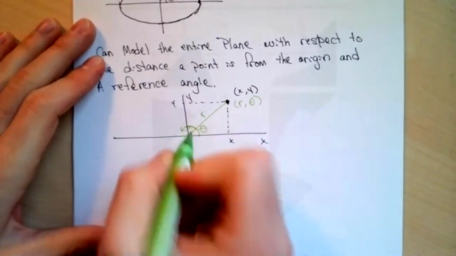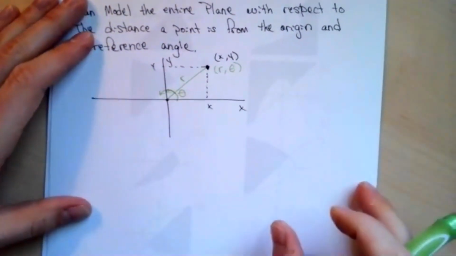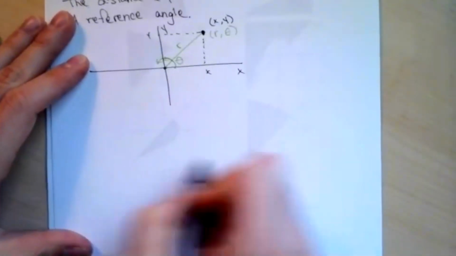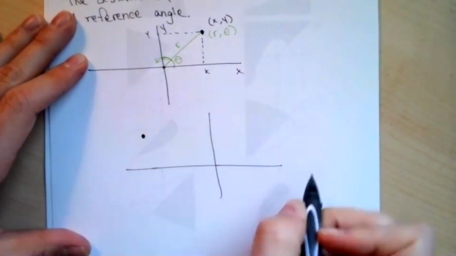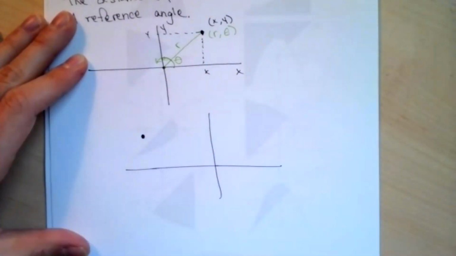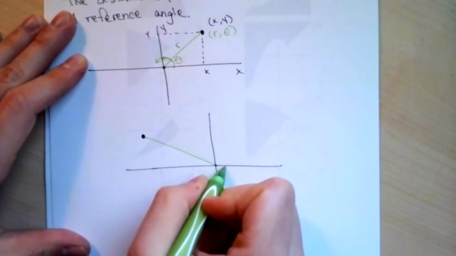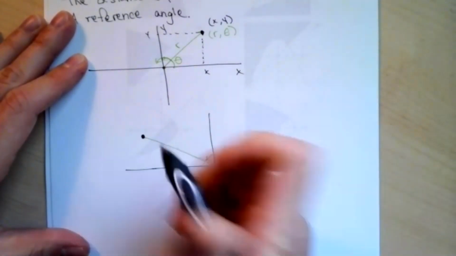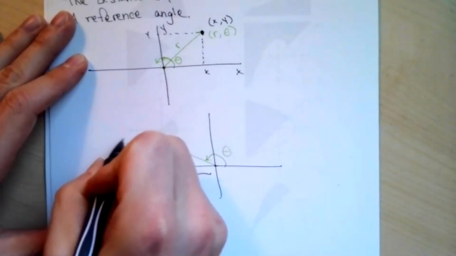And so how do we actually convert between the two? Well, we just use our basic trick. So maybe we'll draw a bigger picture. And it doesn't matter. Let's actually pick a point that could be in a different quadrant. So of course our theta is that angle. And then we've got our x distance and our y distance.